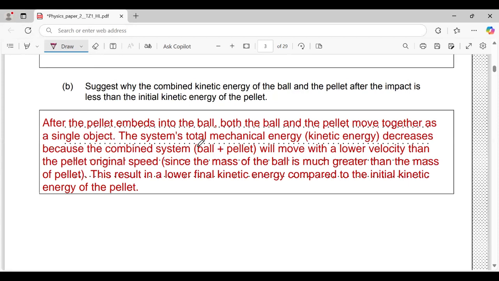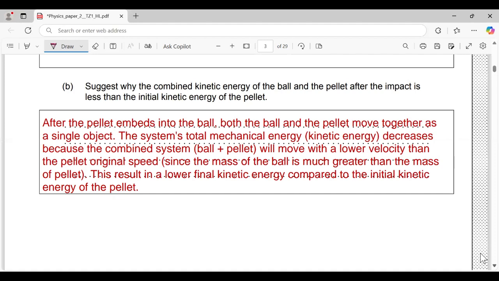The system's total kinetic energy decreases because the combined system, ball and pellet, will move with a lower velocity than the pellet's original speed, since the mass of the ball is much greater than the mass of the pellet. This results in a lower final kinetic energy compared to the initial kinetic energy of the pellet.